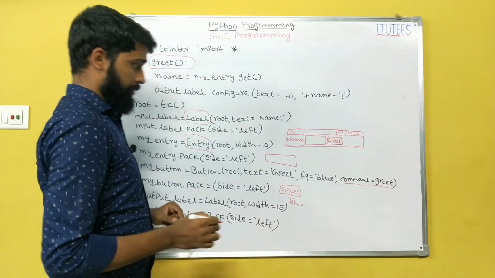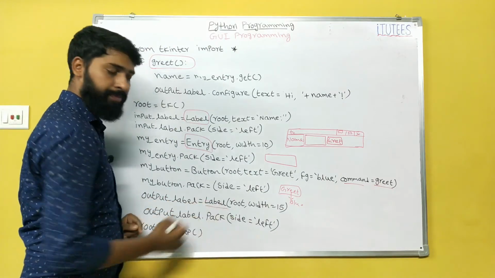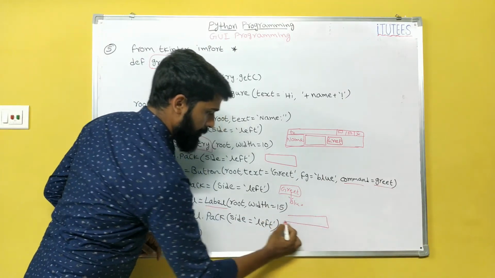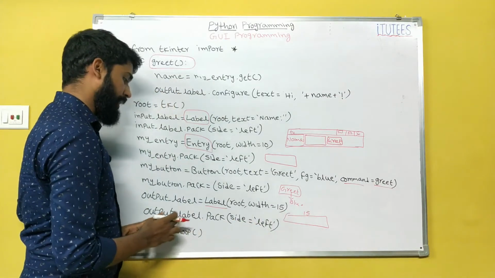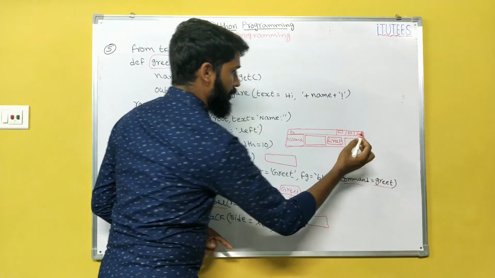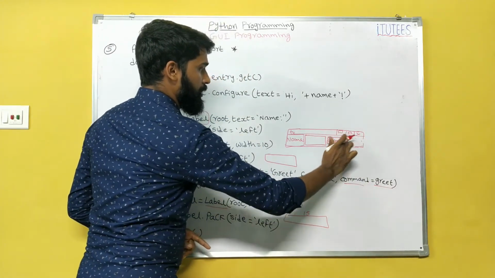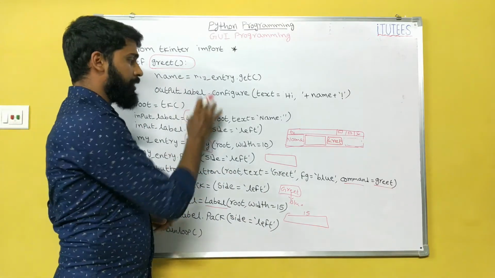Greet. So next, I'm taking one label, empty label. The size is 15 characters, and I can append to this here. So nothing is in this label. It's an empty label.